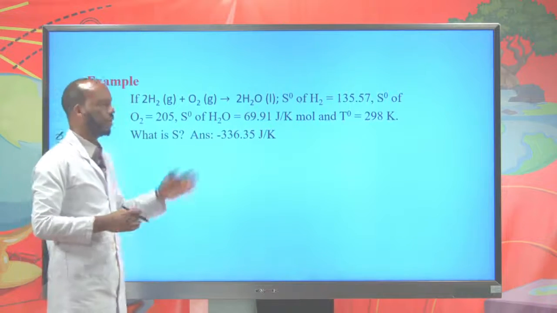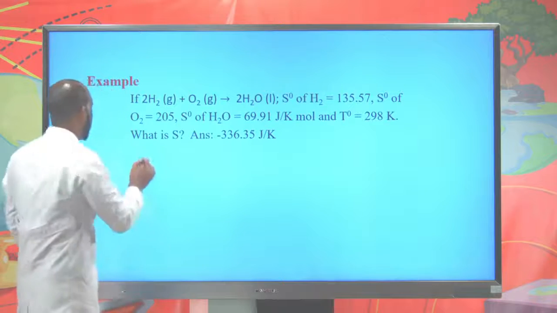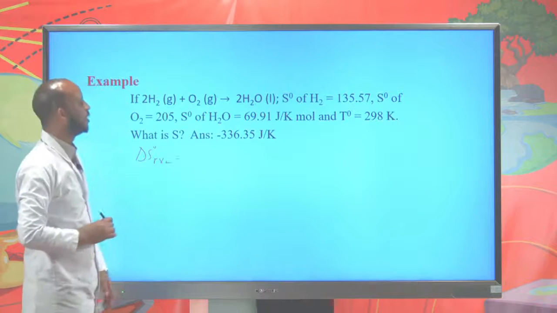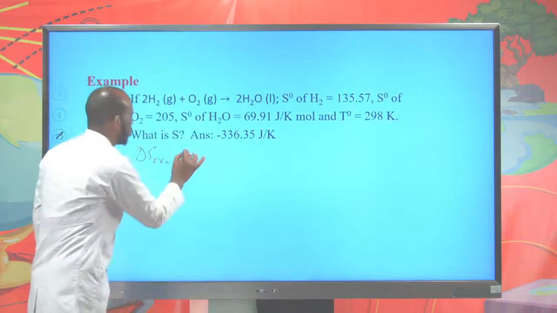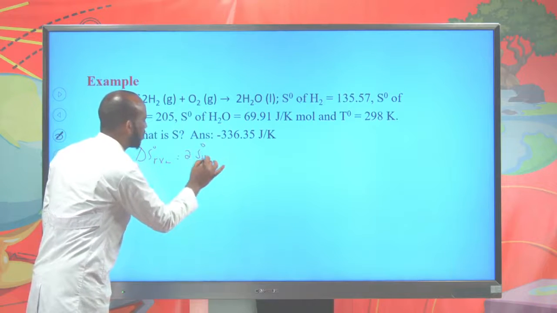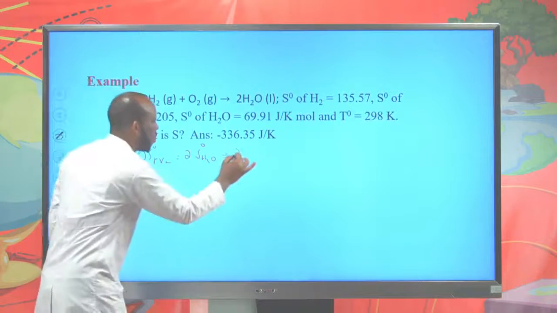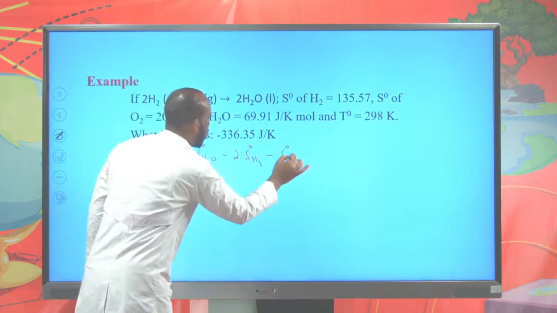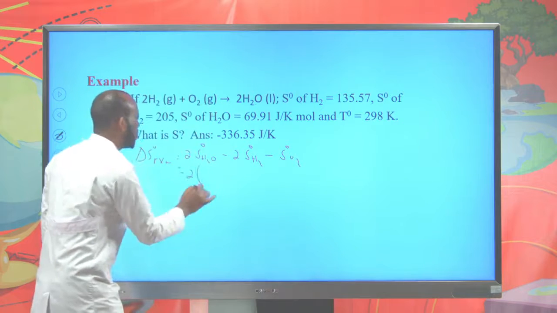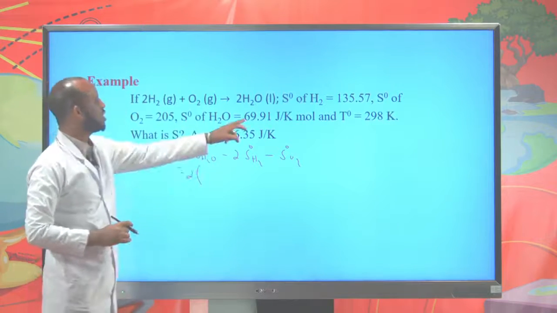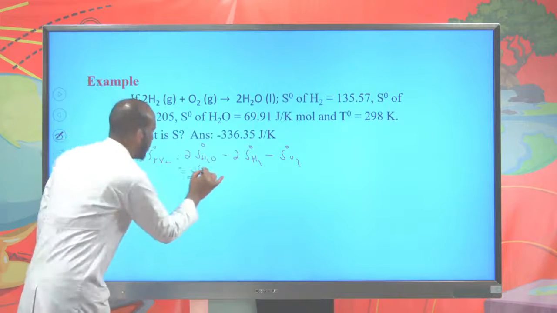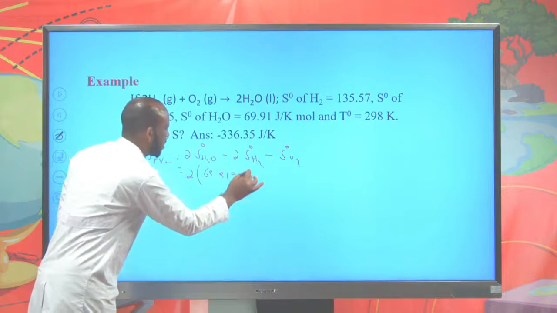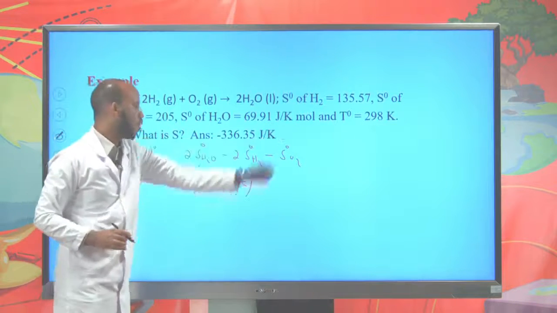What is the change in entropy, delta S, for the given reaction? It equals 2 times molar entropy of water, minus 2 times molar entropy of hydrogen, minus 1 times molar entropy of oxygen. 2 times molar entropy of water is 2 times 69.91 joule per Kelvin, mole will be cancelled by mole.